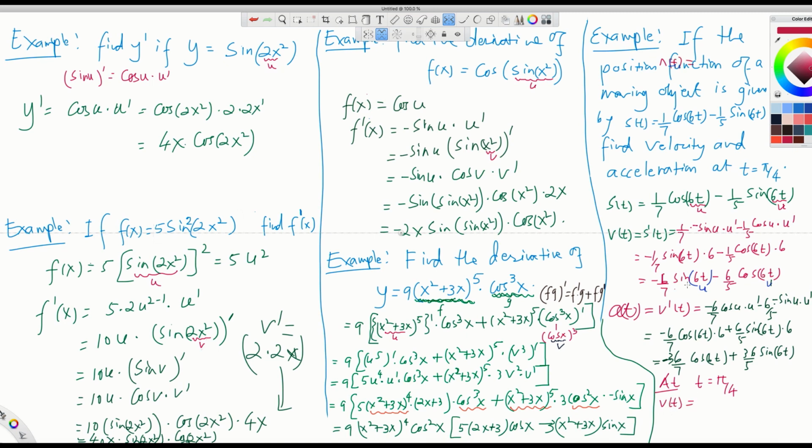For v(t), you need to plug in t equals pi over 4. If you plug in t equals pi over 4, v of pi over 4 is negative 6/7 sine of 6 times pi over 4, minus 6/5 cosine of 6 times pi over 4.